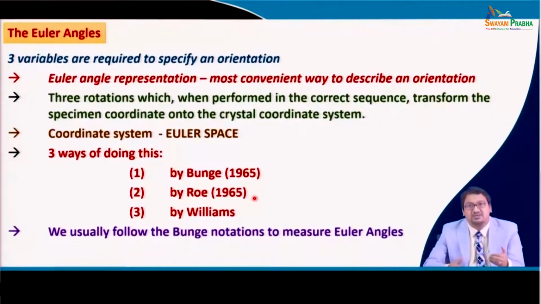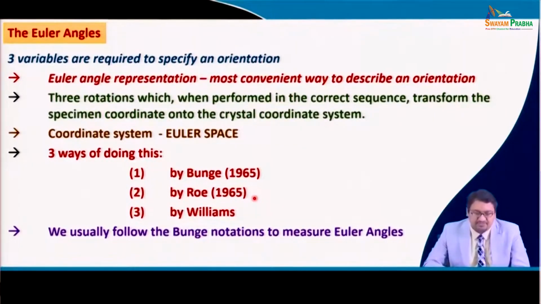One way was suggested by Bunge, another by Roe, and another by Williams, independently and separately. But with time most of the scientists started following Bunge's notation of measuring the Euler angles, but it does not mean that Roe's or Williams' way of measuring the Euler angles were not correct. All were correct, but the popularity was gained by Bunge's way of measuring the Euler angles.